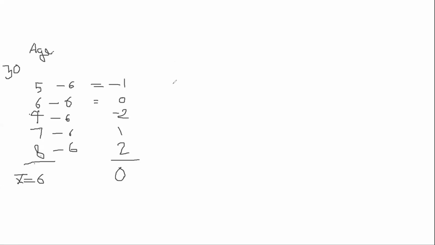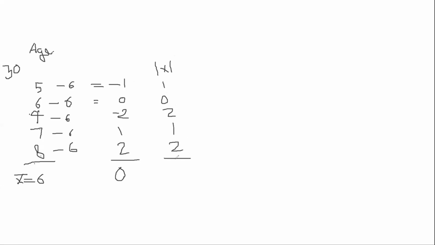Let me do the absolute value first. Whatever the sign, all the values will be positive. So minus 1 has absolute value 1. So this is 2, this is 1, this is 0, this is 1, and this is 2.